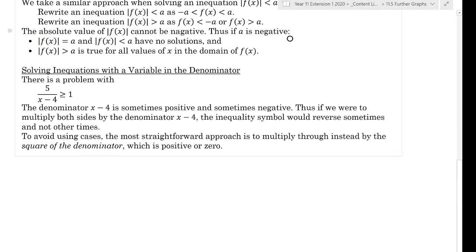And last but not least, solving inequations with a variable in the denominator, okay? So you are allowed to do this and it works quite well. We can move the bottom, and you can do this with regular equations too, by multiplying both sides by x minus 4. The only problem with this is that sometimes x minus 4 can be negative.